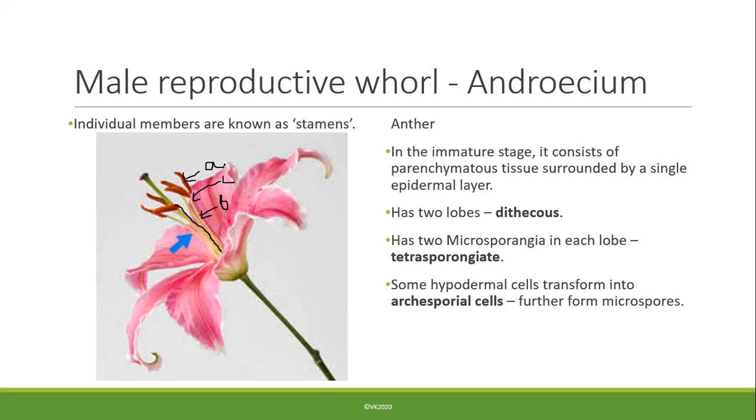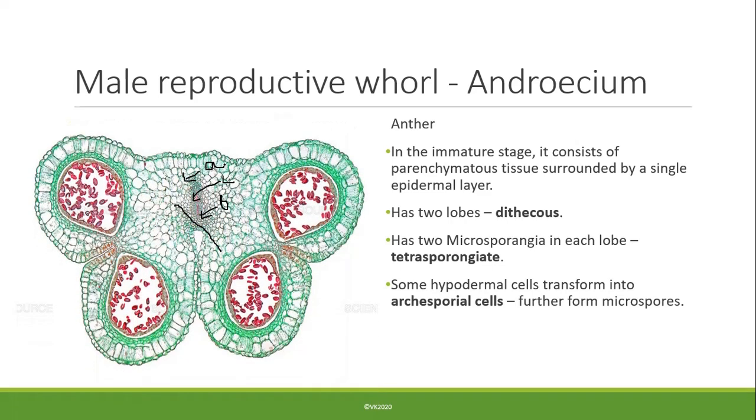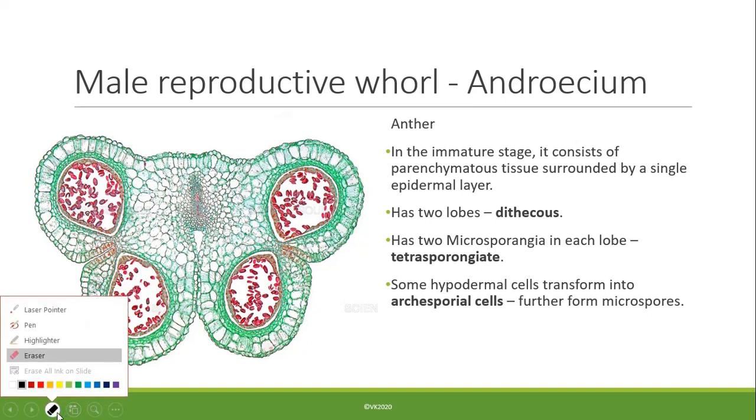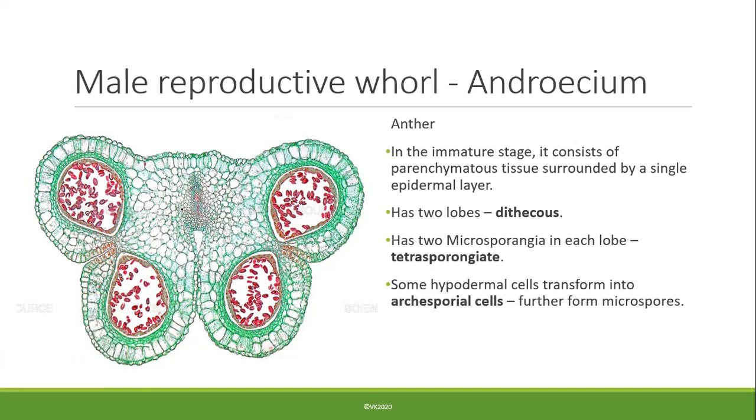Now, the anther in the immature stages, like in the juvenile stages, consists of a lot of parenchymatous tissue which provides nutrition, and this outer layer is known as the epidermal layer.